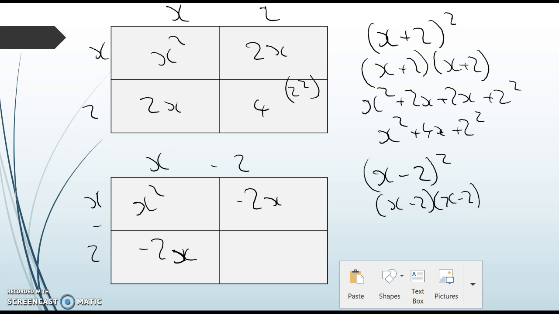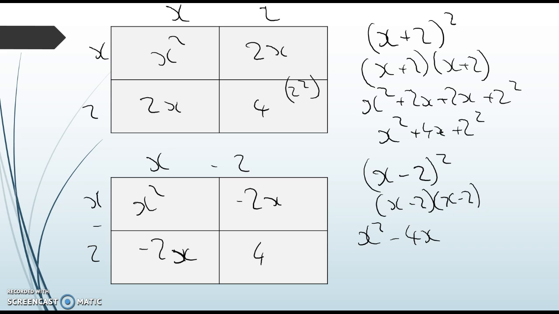And negative 2 times negative 2 is a positive 4. If we simplify this, we have x squared minus 4x plus 4, which is the same as (x minus 2) squared.